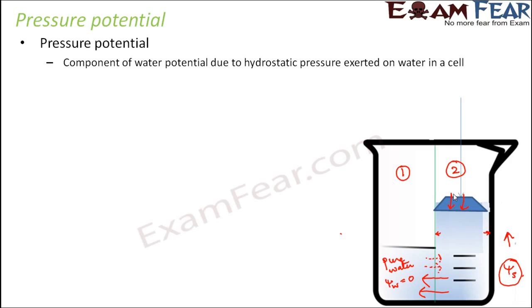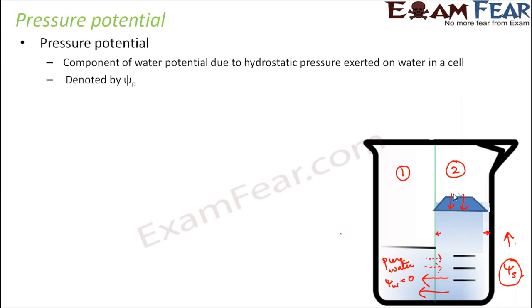What will happen? The cell will start swelling up. If the water which has entered is really too much, then too much pressure will be exerted on the walls of the cell, and the cells might even rupture, because it might not be able to handle so much pressure. So that is pressure potential, which is exerted by water on the walls of the container.